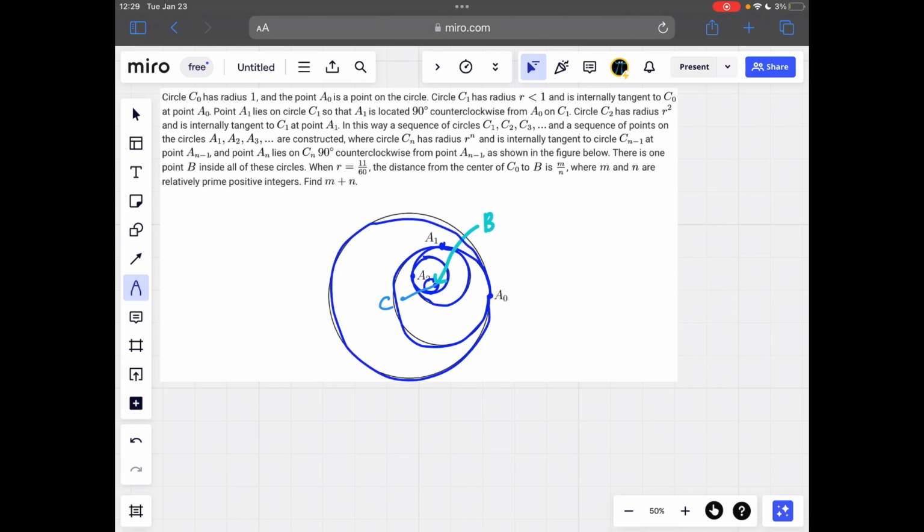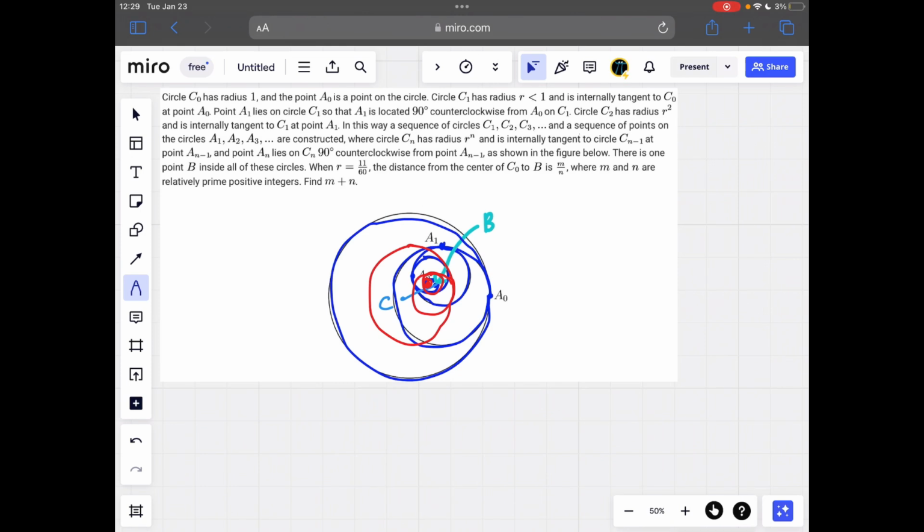I know that's not the best circle, but whatever. We can apply a homothety centered at C with scale factor r, and we'll get this sequence of circles here. And then we can move it some distance to the right, such that this figure is internally tangent to the largest circle, which is C0.